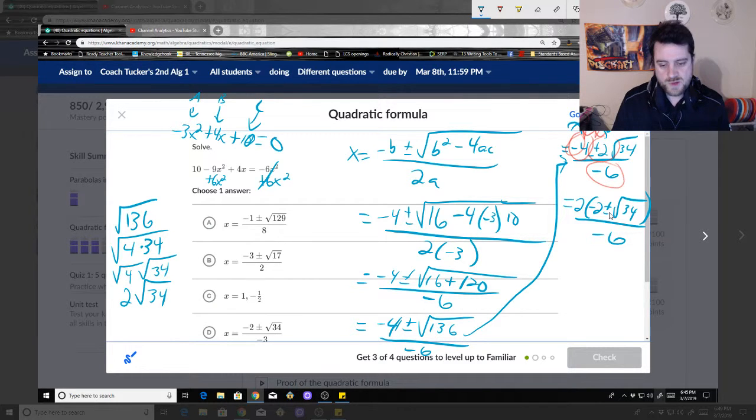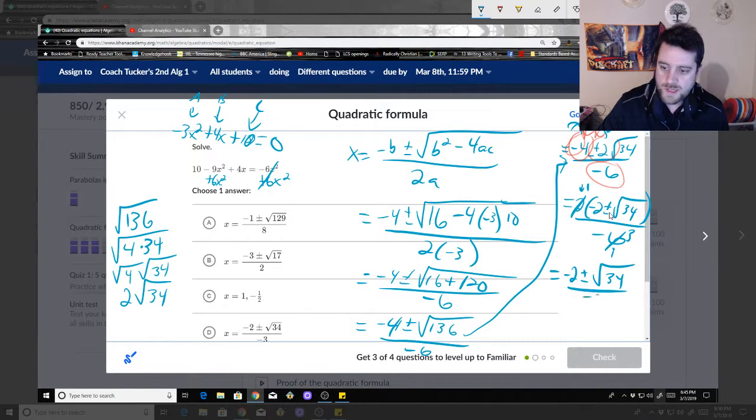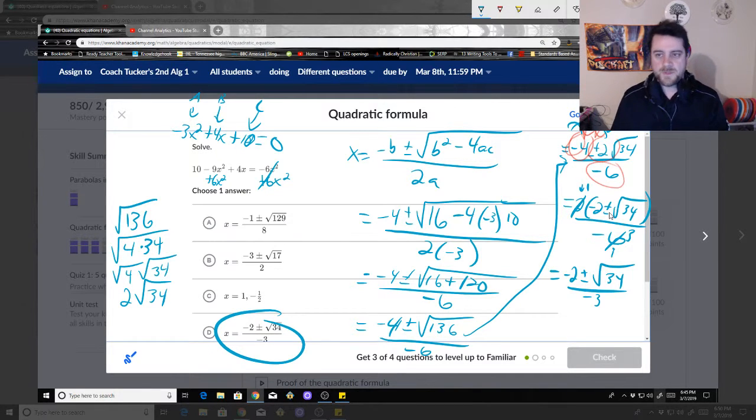You cannot cancel out parts with the whole. Only wholes and wholes can cancel each other out, okay? Well, this is a whole factor. This is a whole factor. So 2 can go into 2 one time. 2 goes into 6 3 times, leaving negative 2 plus or minus the square root of 34 all over negative 3. There's our answer, okay? So, a little tricky, but you should be able to do that.